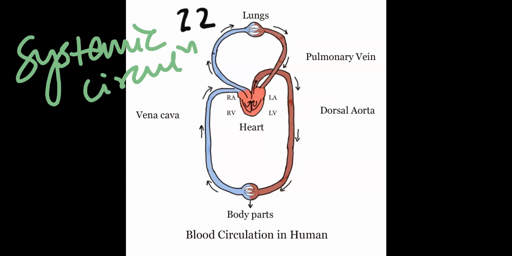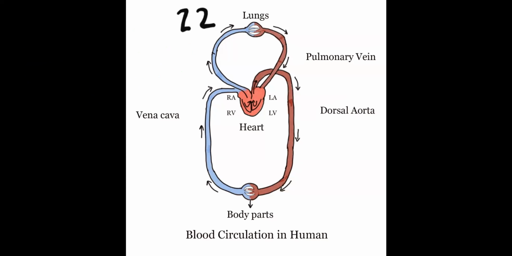There is a third one which is not much described or mentioned. We won't go into detail, but it is called cardiac circulation. Cardiac circulation is actually from heart to heart.